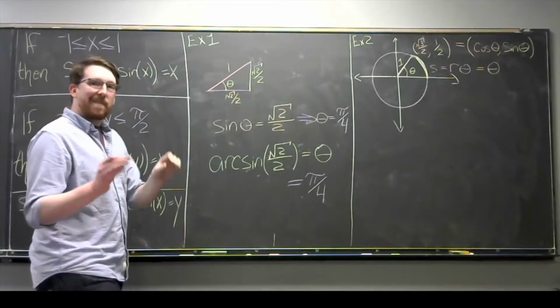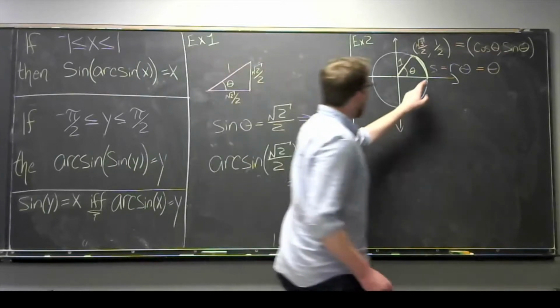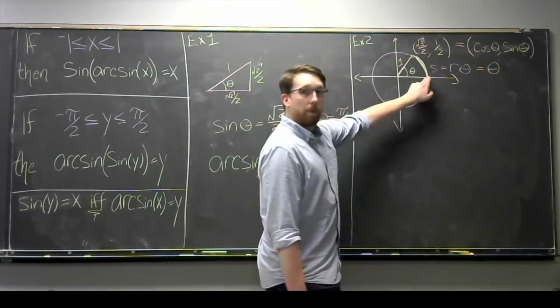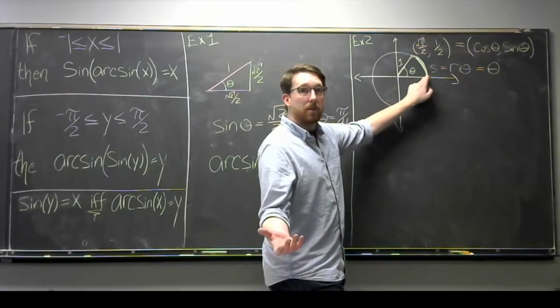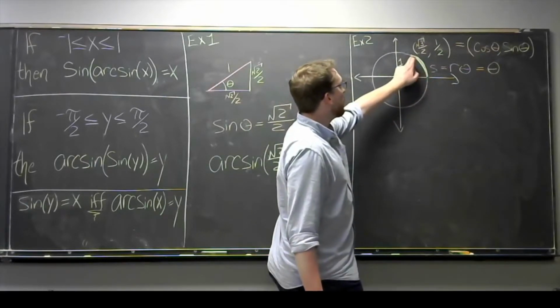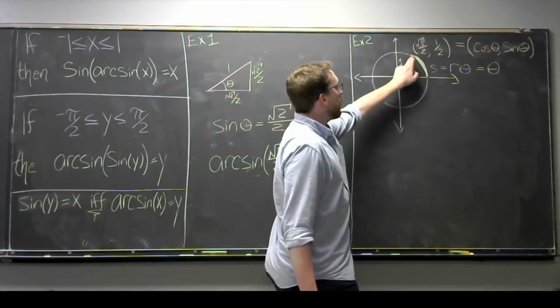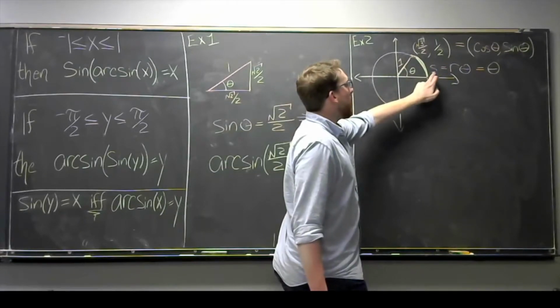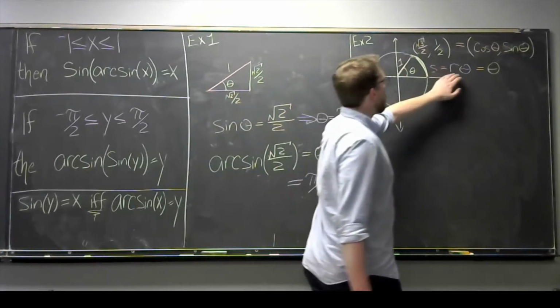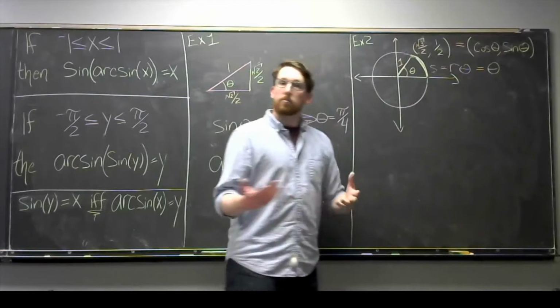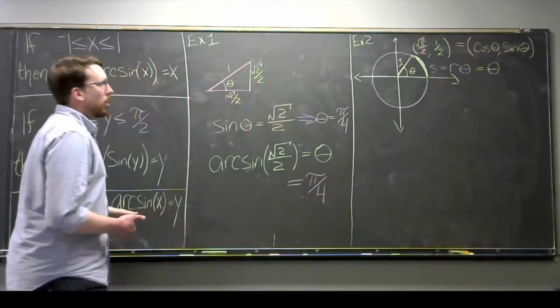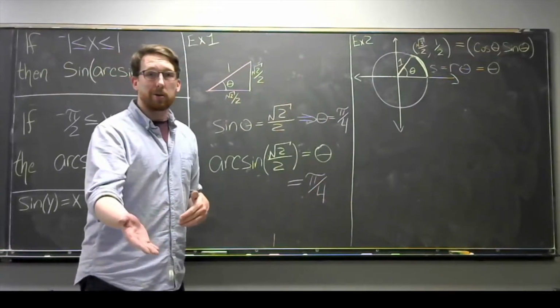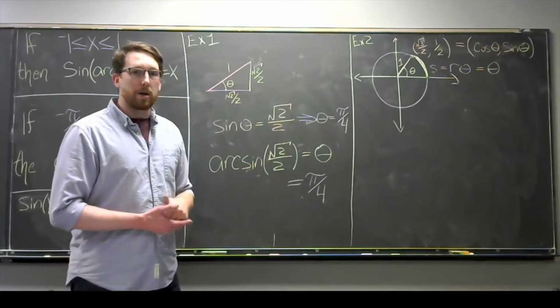Well, if I wanted to find the arc length from theta equal to 0 up to that point, that's going to be equal to r times theta. But we know it's a unit circle, so r is equal to 1.